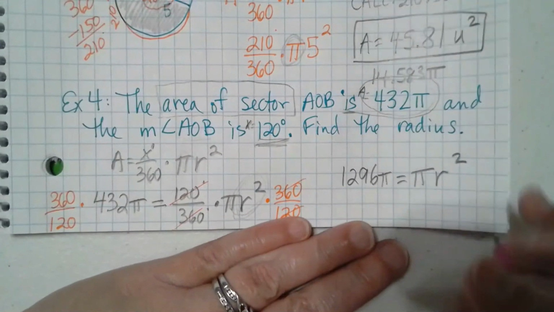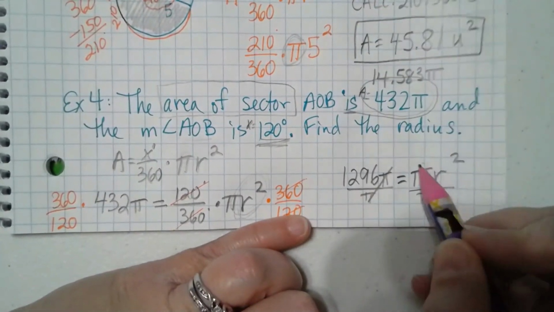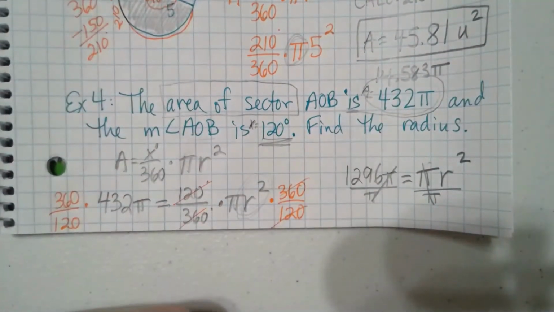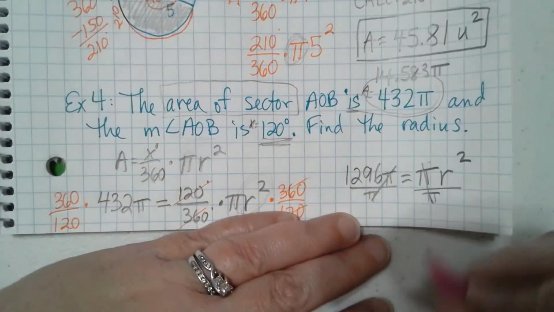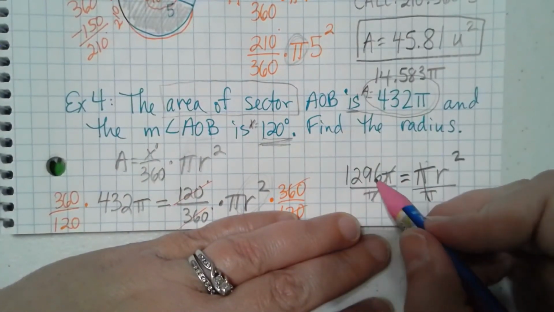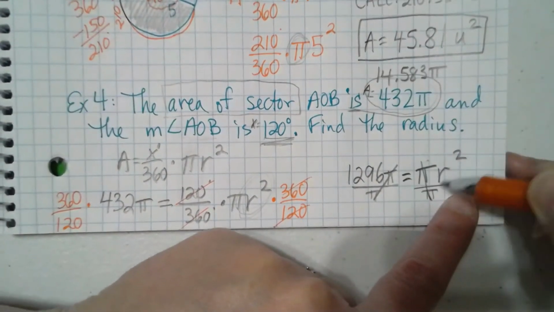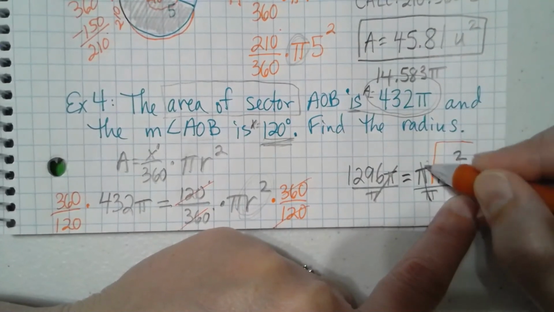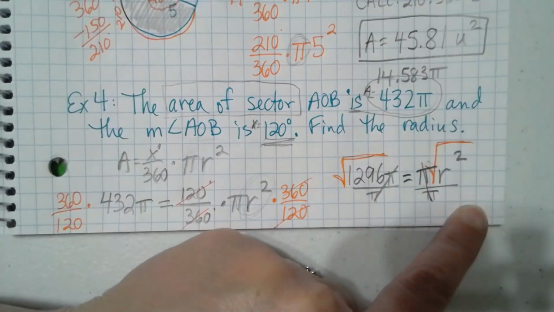Here's what's going to happen. We're going to divide both sides by pi, and they're just going to go away. If you have pi on both sides of your equation, you can just cancel them out. Now I'm left with the radius squared equals 1,296. Do y'all remember how we get rid of a square on our variable? To undo squaring something, we do the opposite, which is square root.